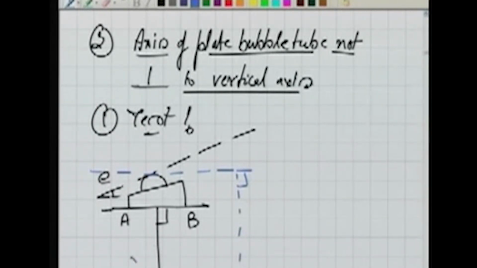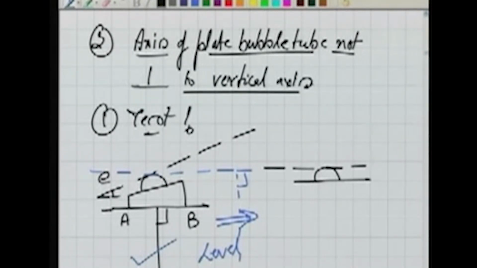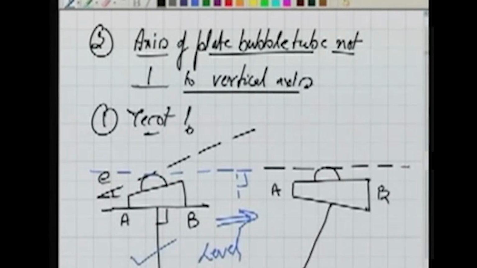Well, in this case, if I level it as you are doing in the instrument, the leveling will make this plate bubble tube horizontal. That means this is the axis of the plate bubble tube now, which is horizontal, A and B, and now the vertical axis is like this.